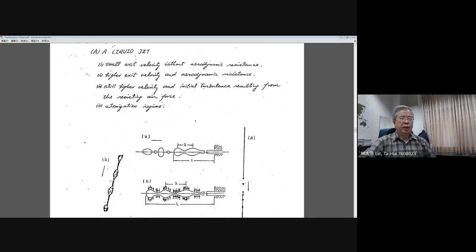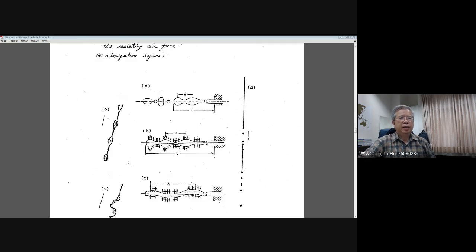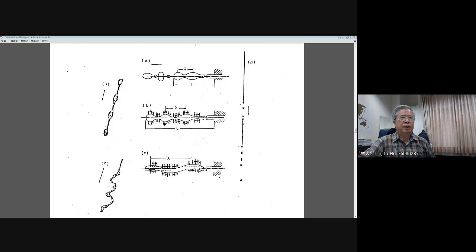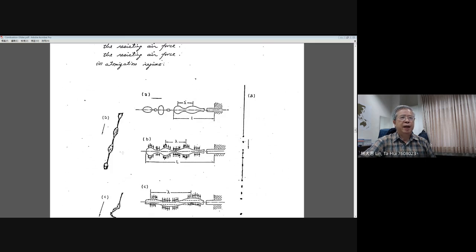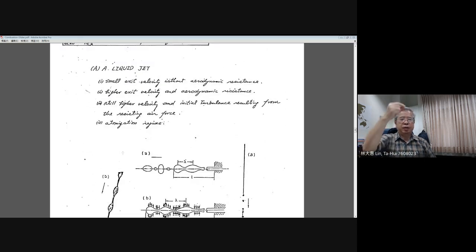In this case, we are dealing with a liquid jet with a very small cross section, a very tiny diameter of liquid jet coming out, and you can see this is the sequence from figure A, B, C, by increasing your liquid jet flow velocity.